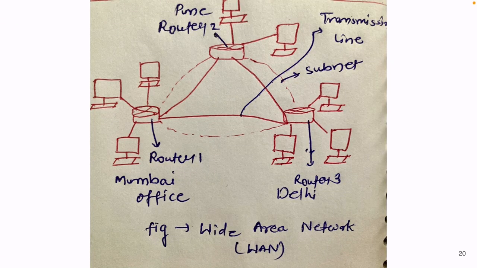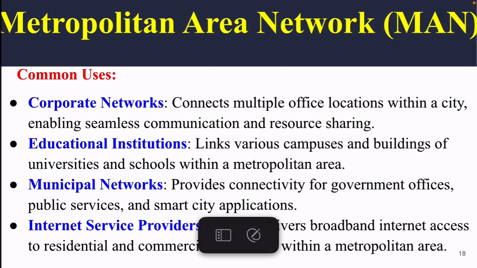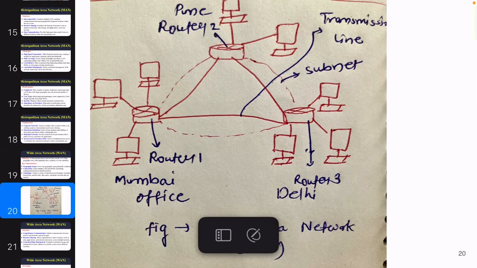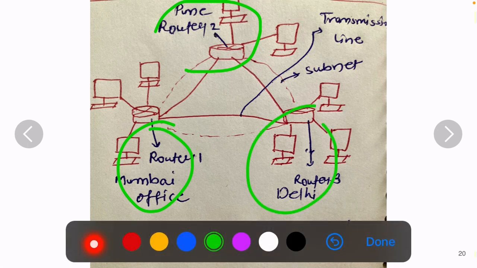So customers can easily contact the internet service provider with the help of a digital subscriber line, that is DSL. This is the diagram of the wide area network. In this diagram, multiple cities like Pune, Mumbai and Delhi are connected with the help of the WAN network.